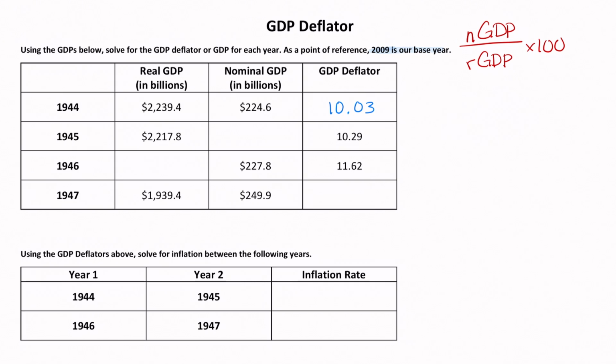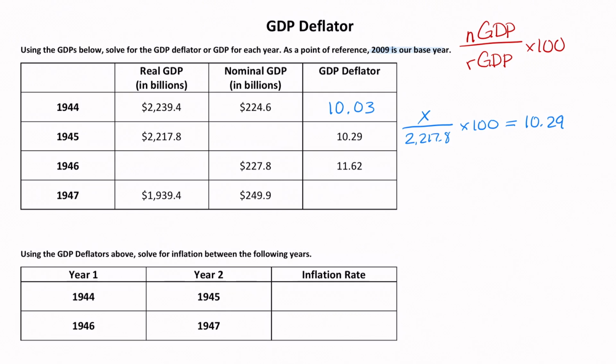If you notice, again, we're missing our nominal here. So if we plug in what we do have, we don't have our nominal, but we do have our real GDP. It's 2,217.8 times 100 is going to get us 10.29. And so again, we can work the algebra. We divide both sides by 100, and then we multiply both sides by 2,217.8.